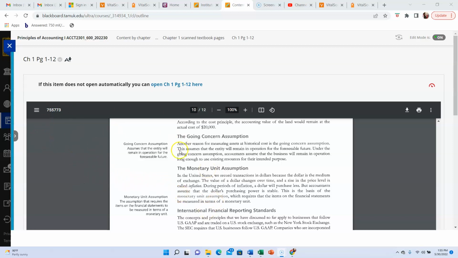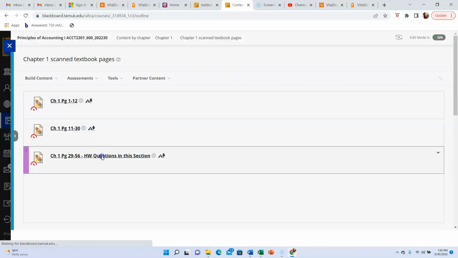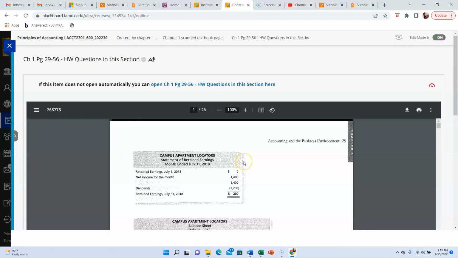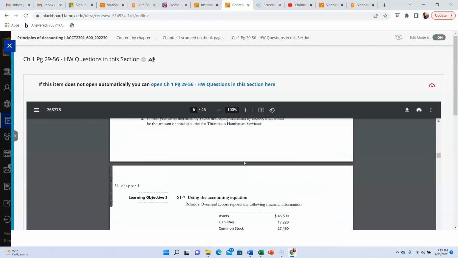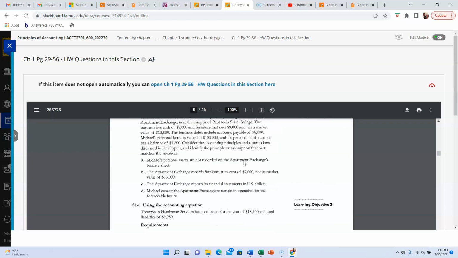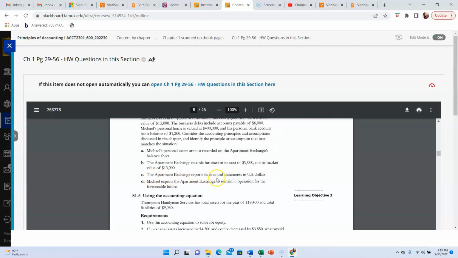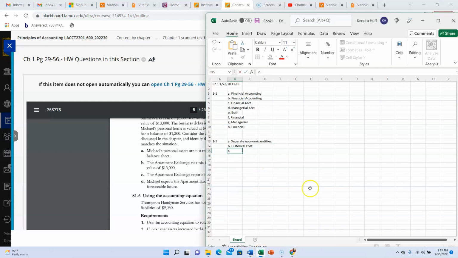Okay, let's go back to the homework question. I think it was number 5. The apartment exchange reports its financial statements in U.S. dollars, and that's the monetary assumption.